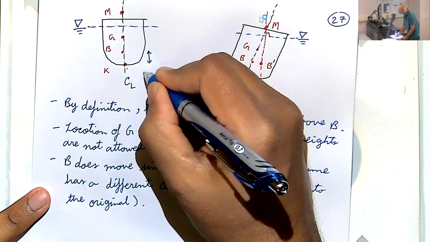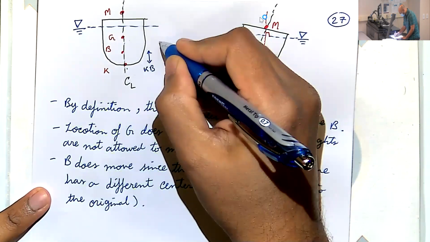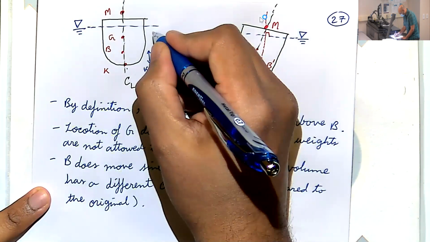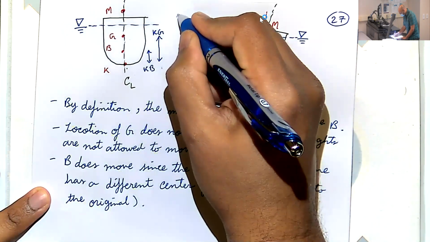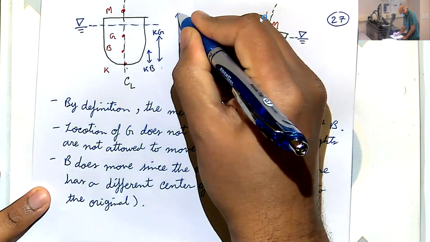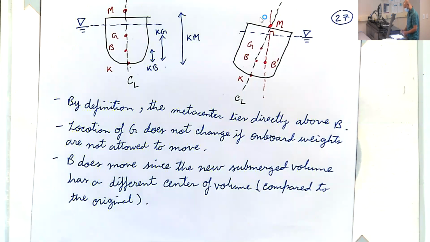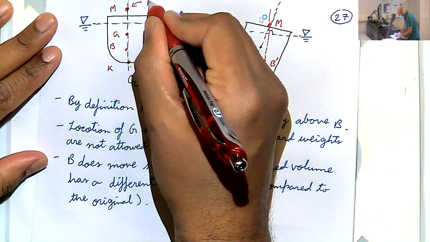This is KB, this is KG, and this is the metacenter.